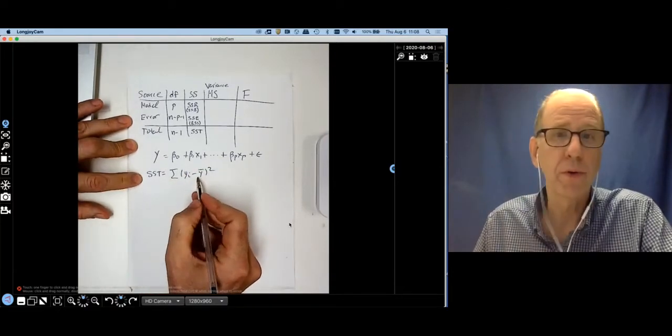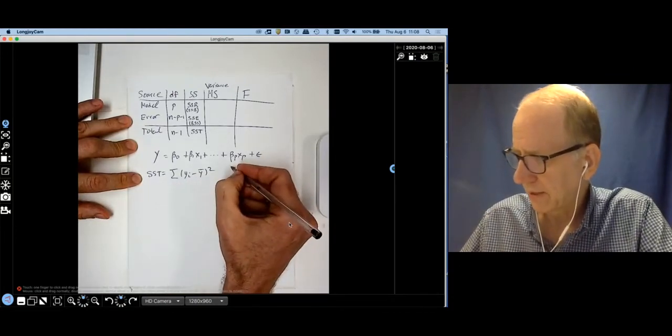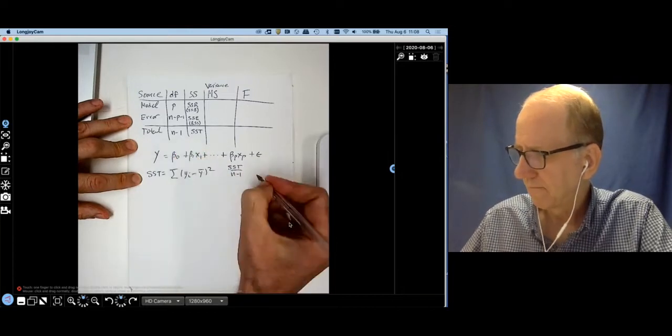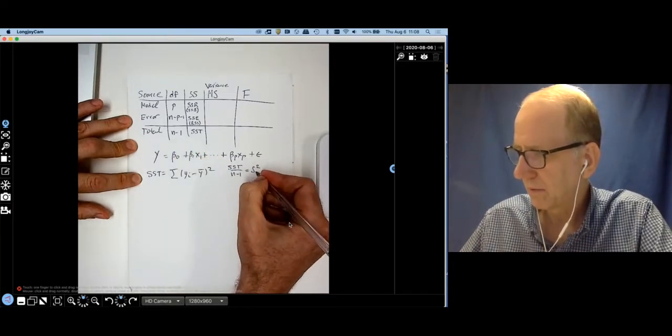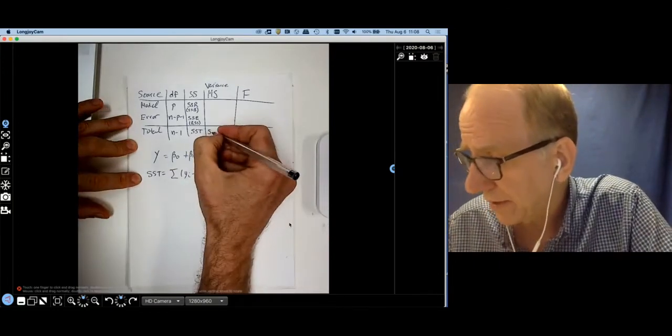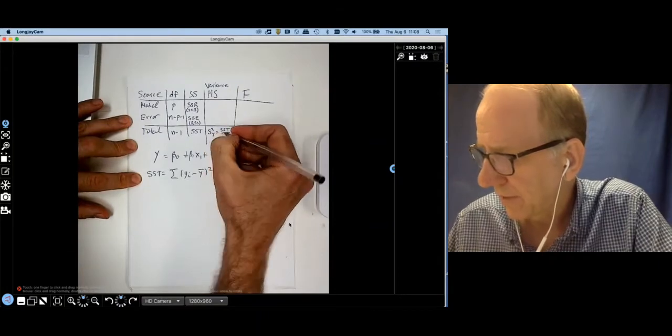And so that's the total variation in the data. Notice that if I take this, SST, and divide by n minus 1, I get the familiar sample variance of y. So let me just write that in here. S squared y is just SST divided by n minus 1.